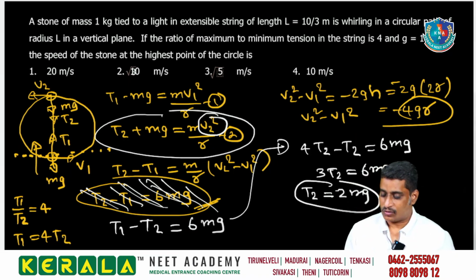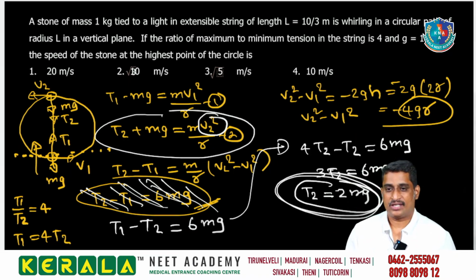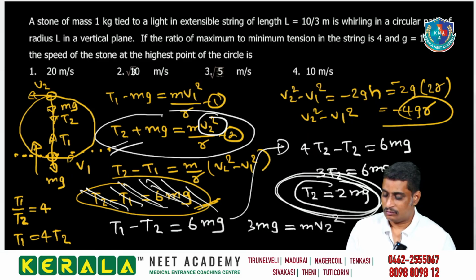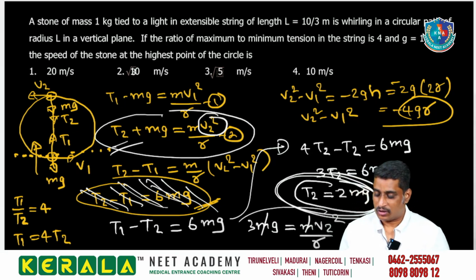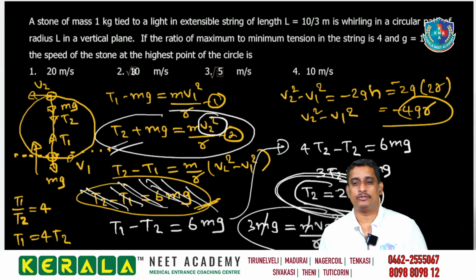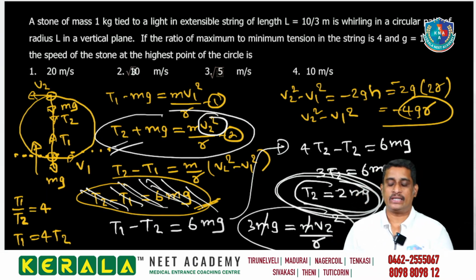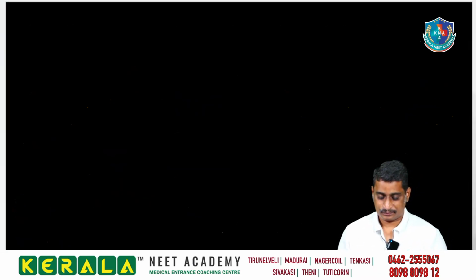By substituting the value of T2, 2 mg, in the second equation, it becomes 3 mg equal to m into V2 square by r. By solving this equation, we will get the value of V2, the velocity of the particle at the highest point.